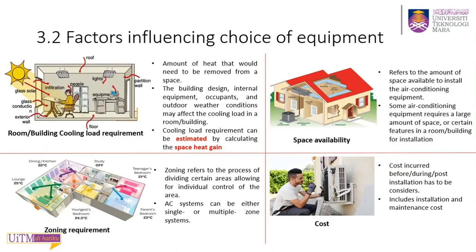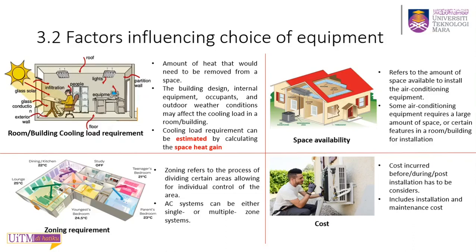Now, it is important that before selecting the right air conditioning system and equipment, we consider these 4 factors first. The first and most important is the cooling load requirement for the space in which we want to install the air conditioning system. Cooling load here refers to the amount of heat that needs to be removed from the space for the occupants to feel comfortable.